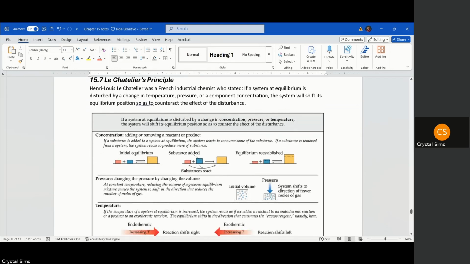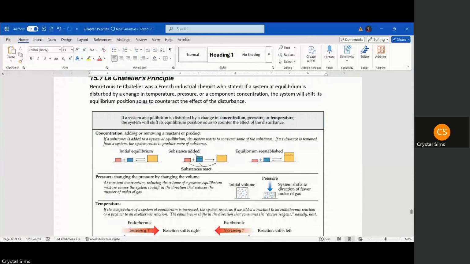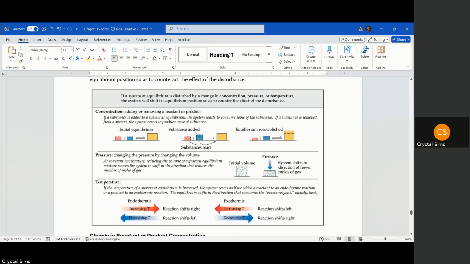And so if we have a system that is at equilibrium and it is disturbed by any of those things, then we're going to see a shift in the equilibrium. We're either going to see a shift to the right or a shift to the left to counteract the effect of that disturbance. So this graphic here lets us see what will happen.